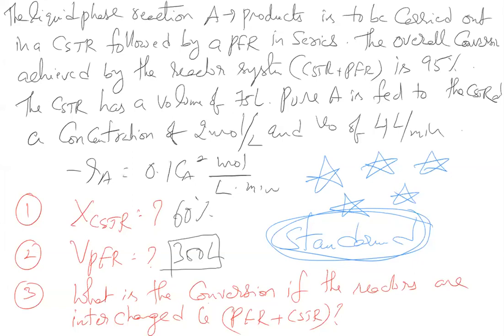What is the answer for the third question? It is something like 95.4. You will get slightly higher than the CSTR plus PFR.